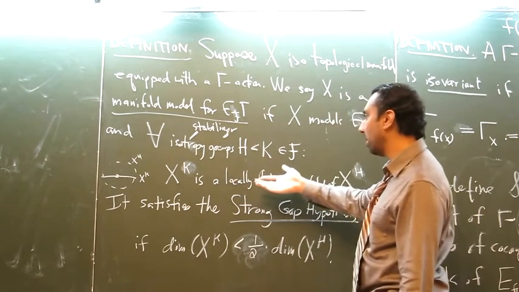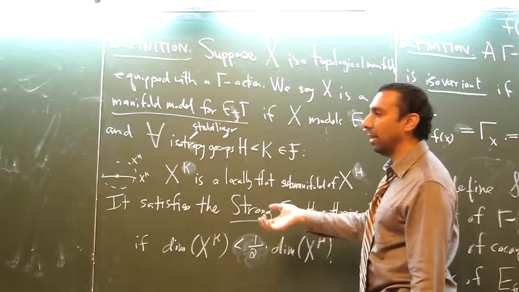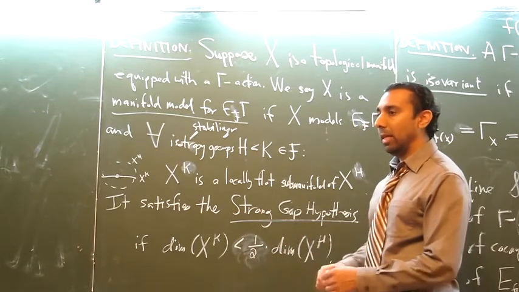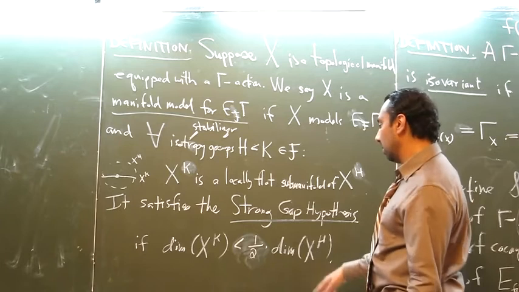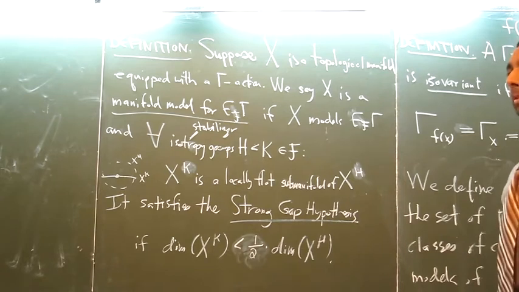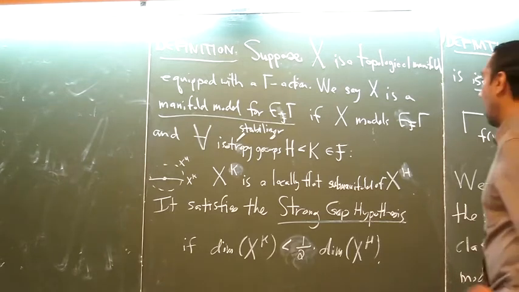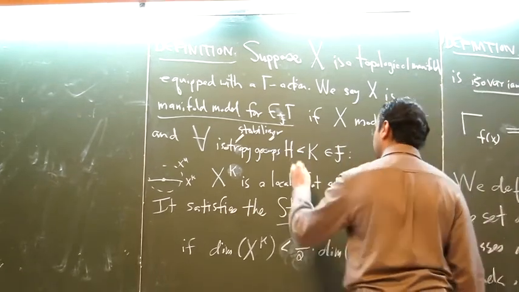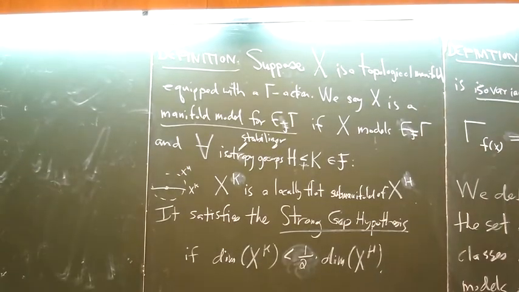So the only isotropy groups will be the maximal finite subgroups of gamma. It will turn out to be this. Well, you said that they are ordered, H and K, so maybe they are equal. No, not equal. This simply does not happen in the example.